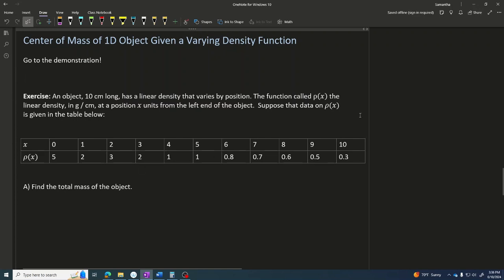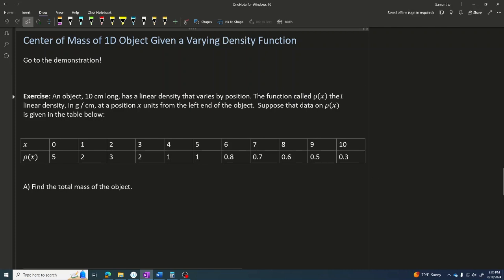And suppose that density function is given to me by way of data, by way of measurements. So at position 0, we have a pretty high density on the left end, a density of 4. 1 unit to the right, 2. 2 centimeters in, density is 3. And then it slowly tapers off toward the right end.